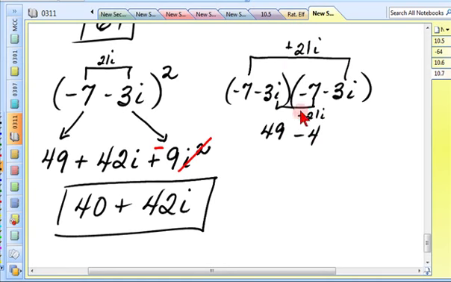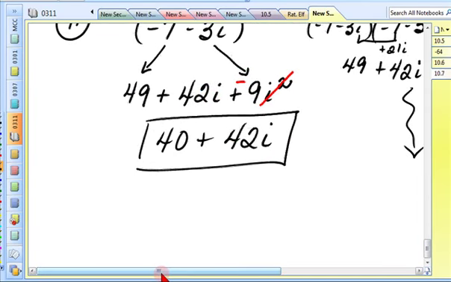So much for my signs today. Plus 42i. The product of the last was plus 9i squared. And then I would finish up the problem. But it's a little quicker to do it as squaring a binomial if you just remember how to get the middle term. This is always your fallback.